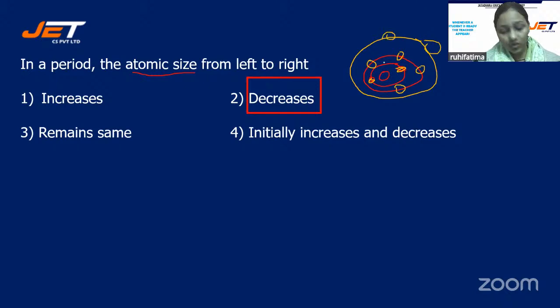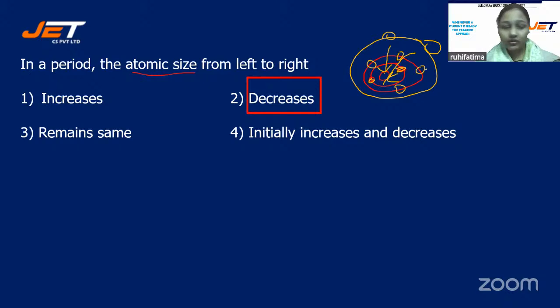All these electrons, they are attracted by this nucleus, right? So there is an inward force that is applying, which is nucleus holds all these electrons, right? So what happens when you will hold something and you will pull it inside? These orbits will come closer and closer, right? Due to this attraction, and due to that only, because as we move from left to right, number of electrons increases, protons increases.